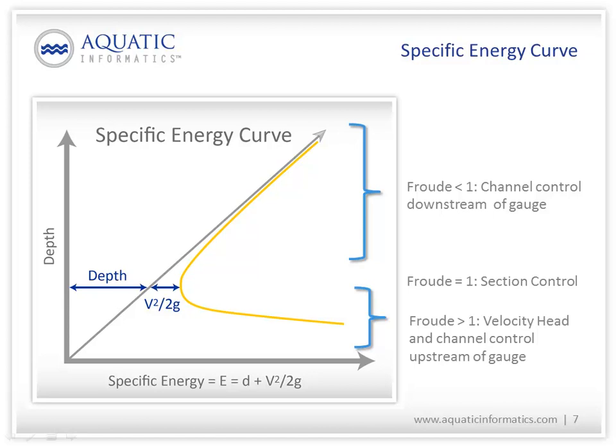The specific energy curve gives us a mapping, an envelope curve of all the possible energy states any stream could have. This is the sum of the pressure potential energy represented as the depth, and the velocity head energy, this v squared over 2g component.